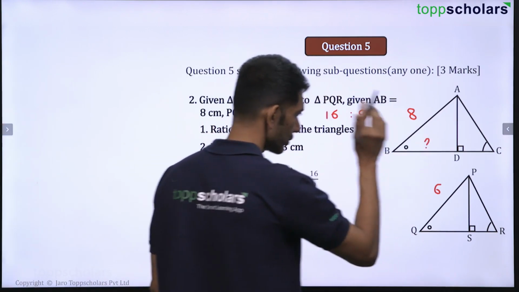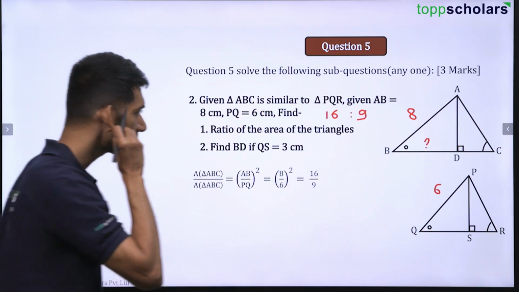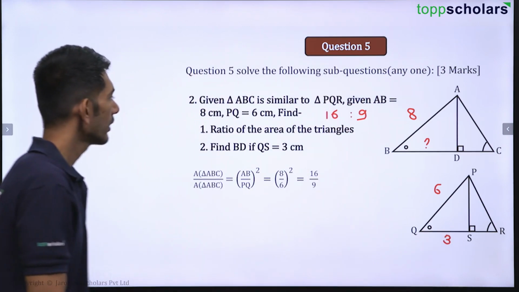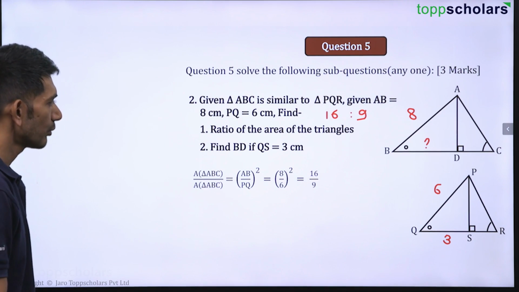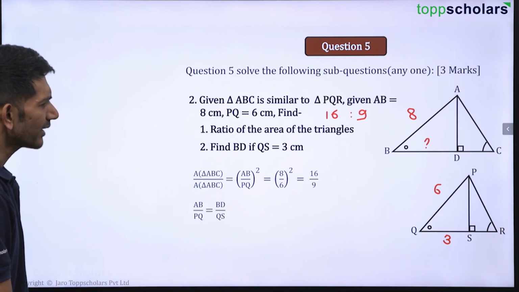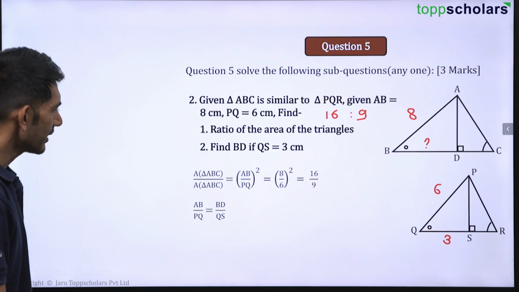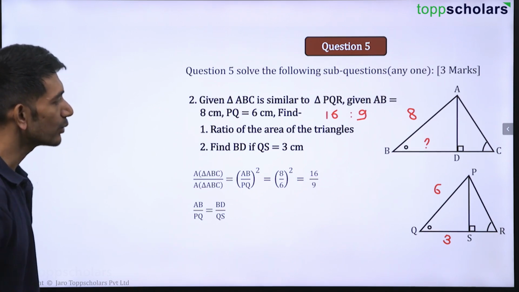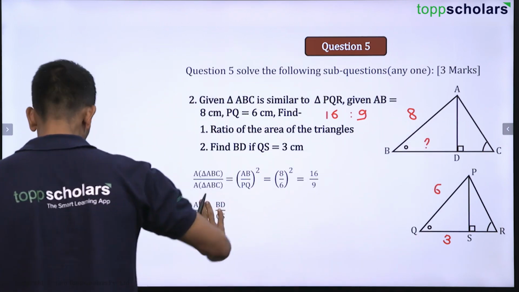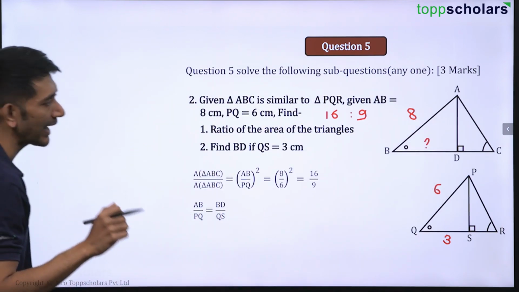BD is what we are supposed to find out, and QS is 3. Correct? Okay, no problem. So let us do that. Now if you see over here, tell me one thing. Can I say AB by PQ is equal to BD by QS? Why can I say that? Because if you see these two triangles, it is not written over here, but you have to prove the two triangles similar.